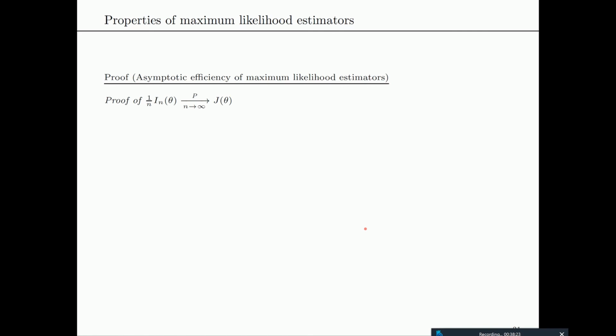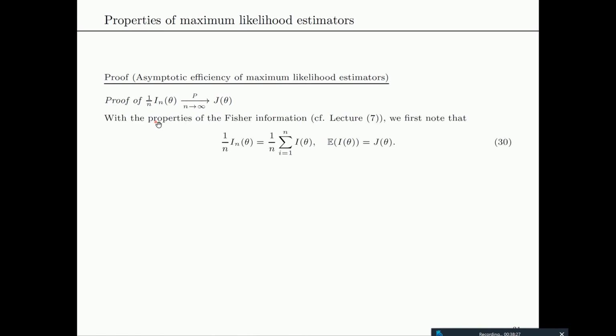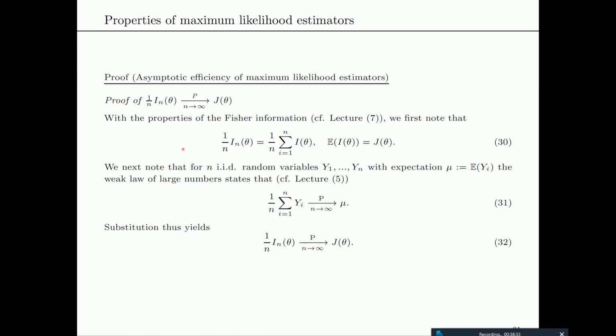Convergence in probability of the Fisher information divided by 1 over n again follows, I think, with the weak law of large numbers. Here again you have kind of an average. We know what the expected value of the Fisher information is, namely the expected Fisher information.